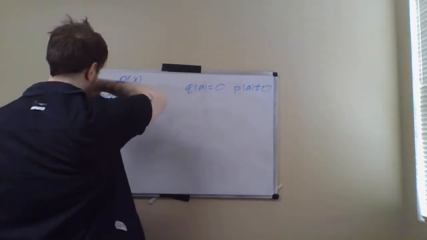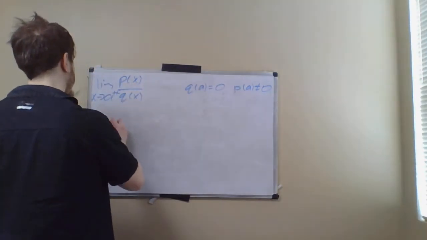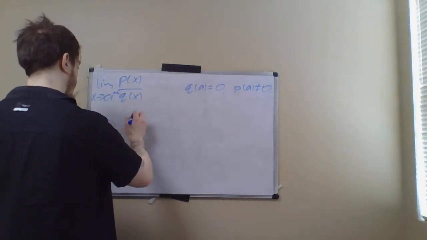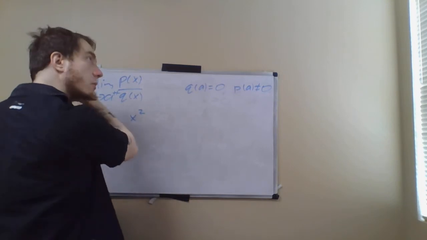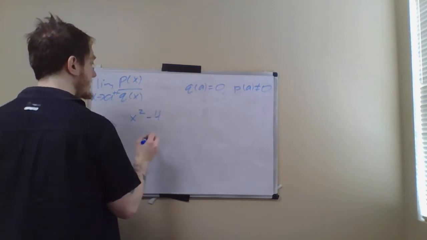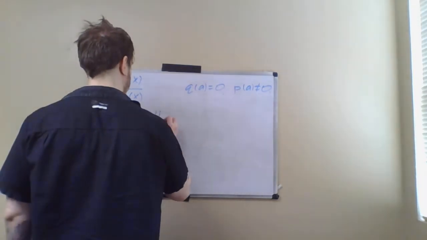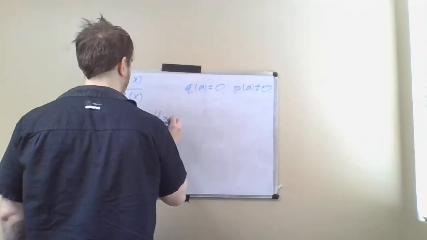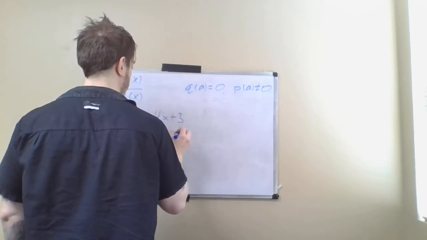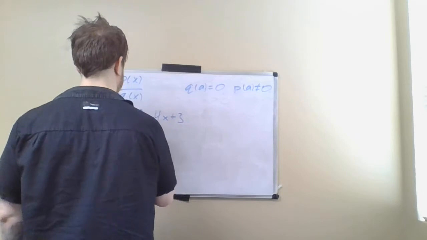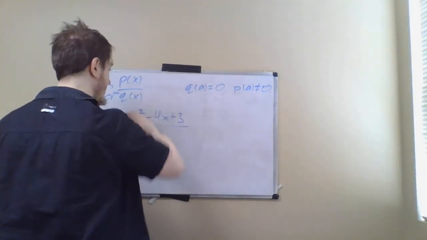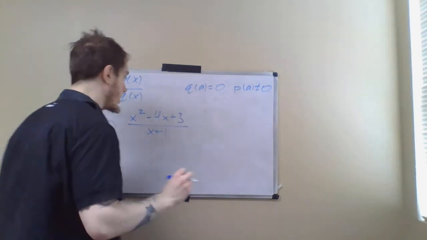Let's suppose that I have the limit as x approaches negative 1 of x squared minus 4x plus 3, divided by x plus 1.